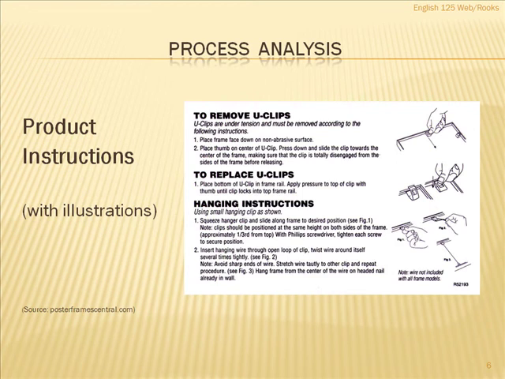Product instructions are something that we're used to seeing, and this is a good example. Notice that often the instructions are numbered, they're put in sets or groups, and they have illustrations. It's good to have illustrations a lot of times when you are doing instruction sets.